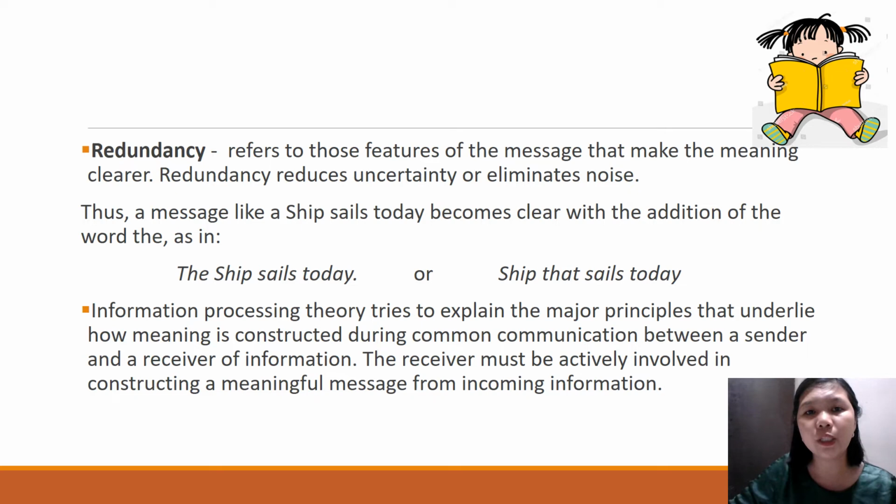The receiver must be actively involved in constructing meaningful messages from incoming information. So, what are the major sources of redundancy in print? We will take a look at this after we have reviewed the basic principles of human information processing.